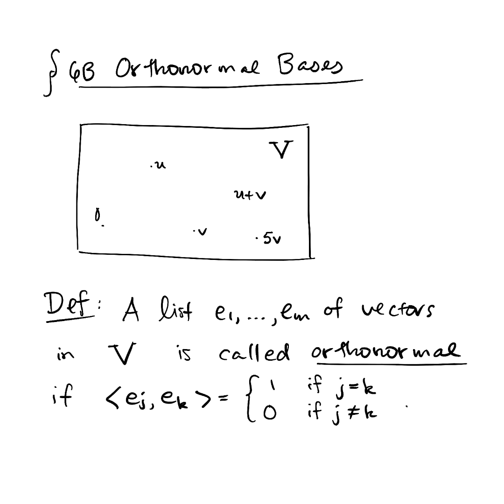So, the question is, are there any such marvelous lists sitting inside V? Are we certain that we can even find an E1, E2, all the way through EM hiding in there so that that list is orthonormal?